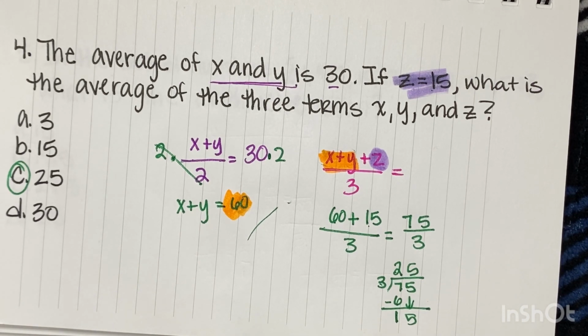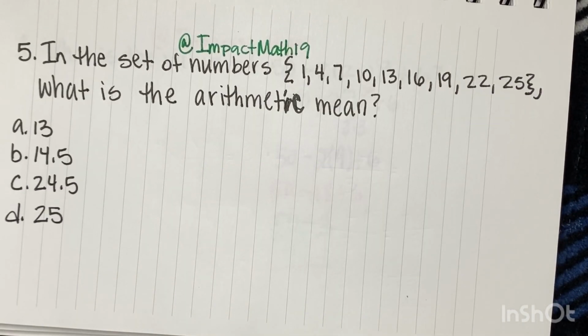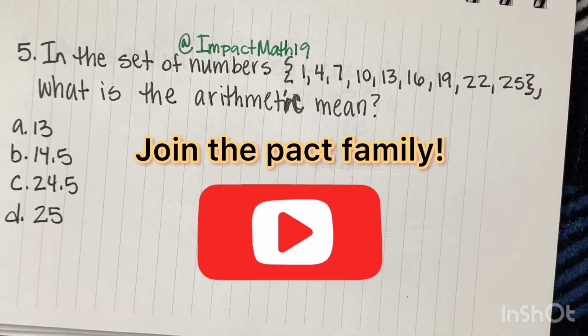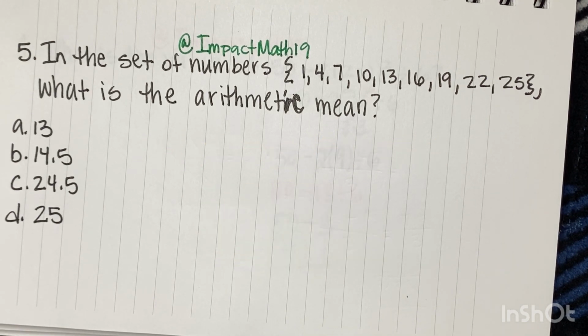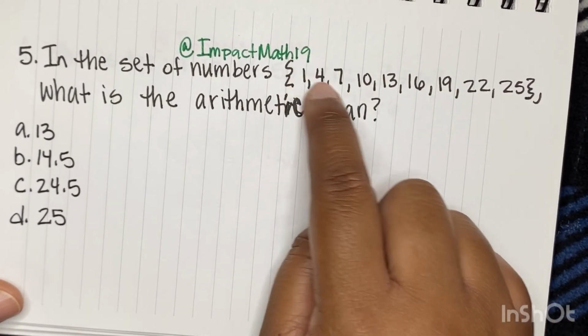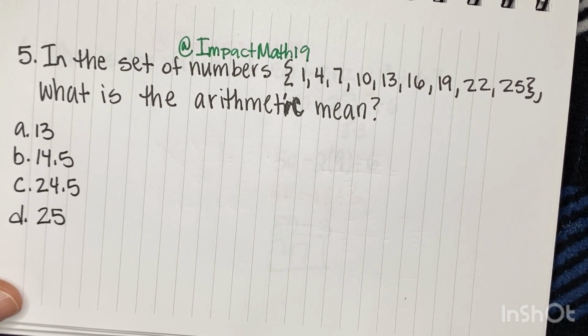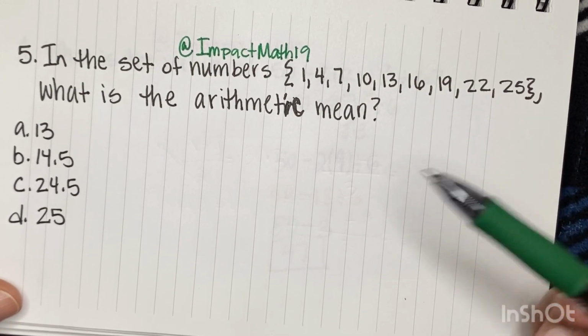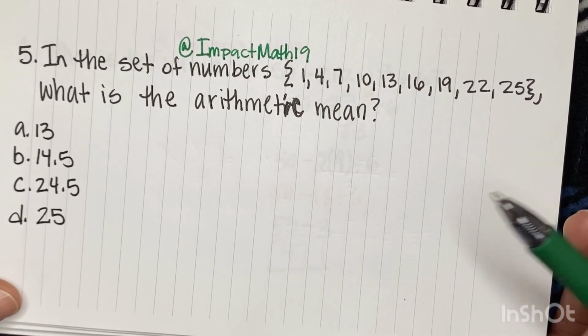Alrighty, let's jump to number 5. In the set of numbers 1, 4, 7, 10, 13, 16, 19, 22, and 25, what is the arithmetic mean? Okay, so we have to add up all these numbers and divide by how many numbers we added up. So let's talk about the best strategy on adding this.